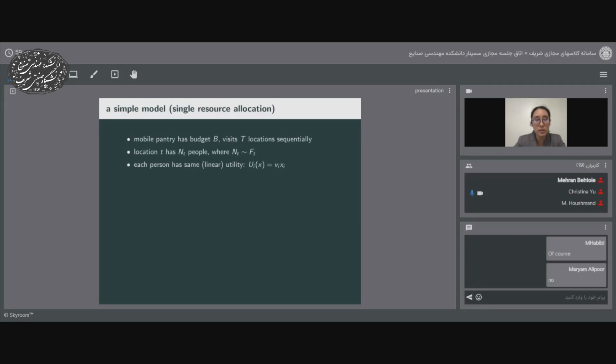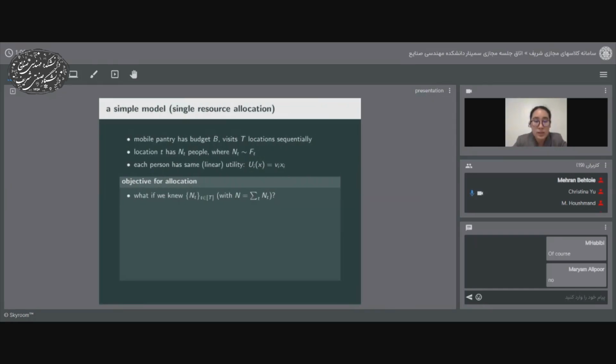We allow this distribution to be different for each location t, but it is known in advance. So think of it as being approximated by historical data. And we assume each person has the same linear utility, so there is one type. This is a very simple case with one resource and one type.